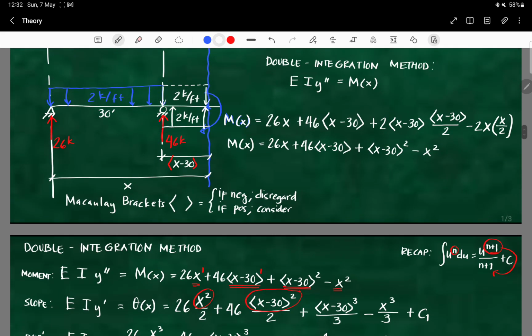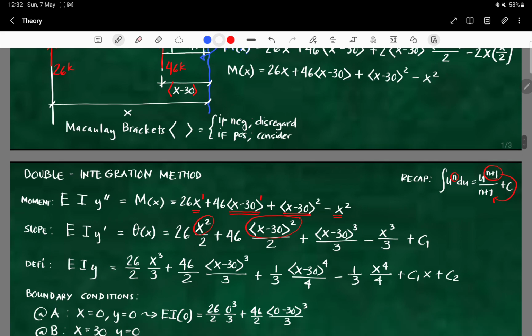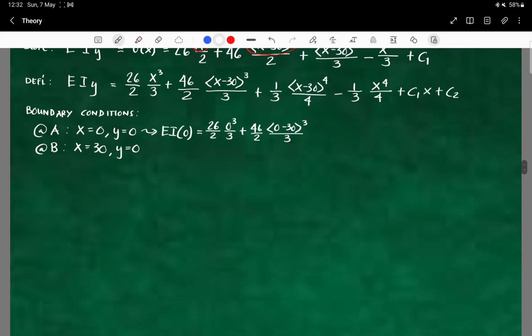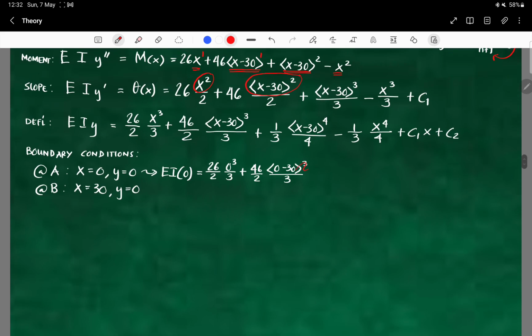So sa makulay bracket, if negative yung sagot ng term na andyan sa makulay bracket, i-disregard. Pag positive, consider. So dito kung titignan mo, yung 0 minus 30, this is a negative 30. So meaning itong value na to is negative. So meaning itong term na to po, you need to disregard that one sa calculation mo.